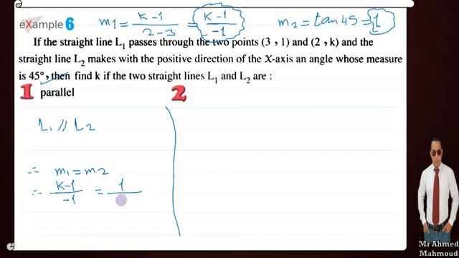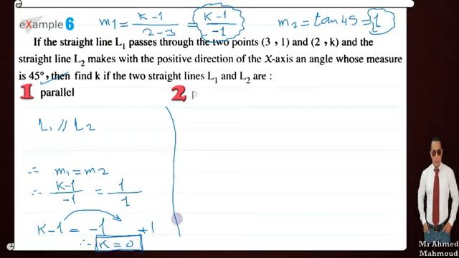I will make it 1 over 1, so k minus 1 equals negative 1 times 1 over 1, which is negative 1. I will send negative 1 there, plus 1, therefore k equals 0. This is the first value of k.